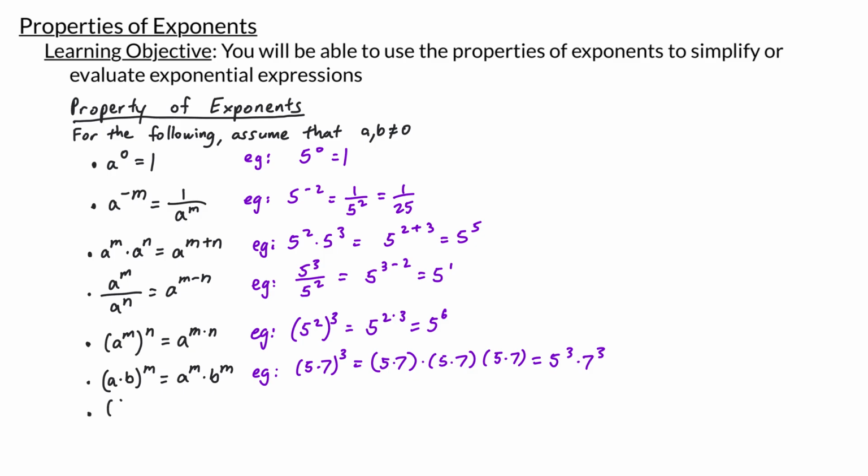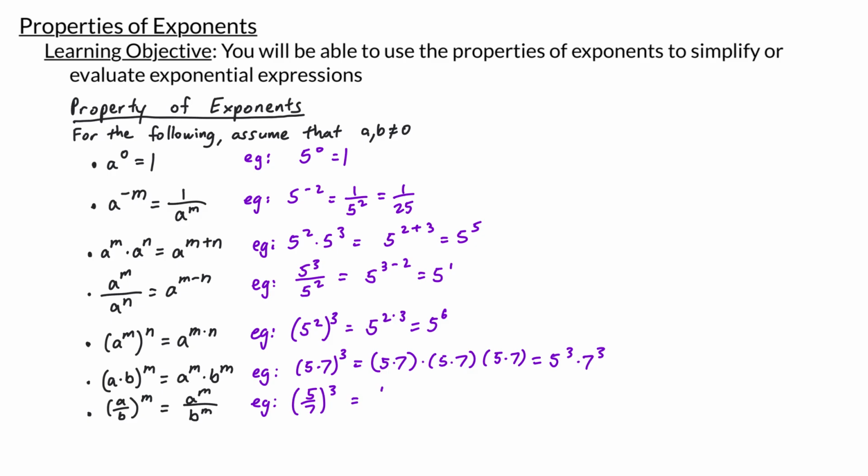Similarly, if we have a divided by b and I raise this to the power of m, again this exponent can distribute to both the numerator and denominator. We'll end up with a to the power of m divided by b to the power of m. So for example, let's say we have 5 divided by 7 and I raise this to the 3rd power.